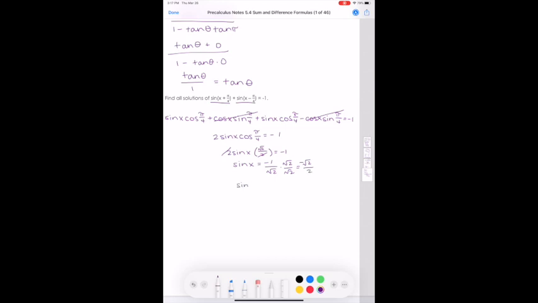So I have sine of x equals negative root 2 over 2. So on the unit circle, I need to find where that is. It's at 5 pi over 4 and 7 pi over 4. And right now I add in the interval 0 to 2 pi.